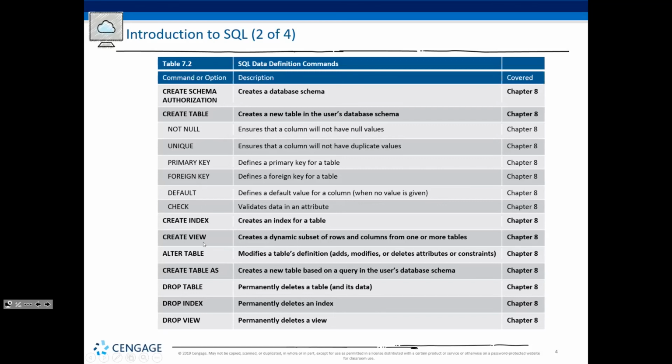We also can create indexes and all sorts of other entity types within our database. Then if we want to change something, we could use alter and alter our table definition. If we wanted to completely get rid of the table from the database, we could drop it.